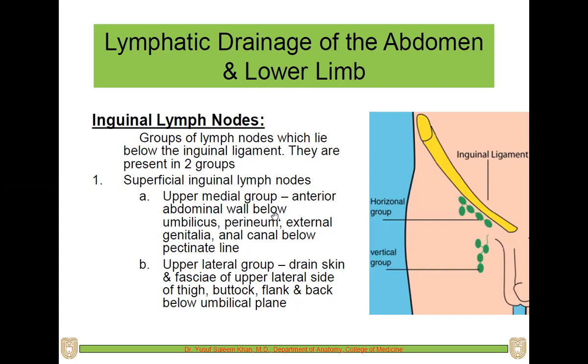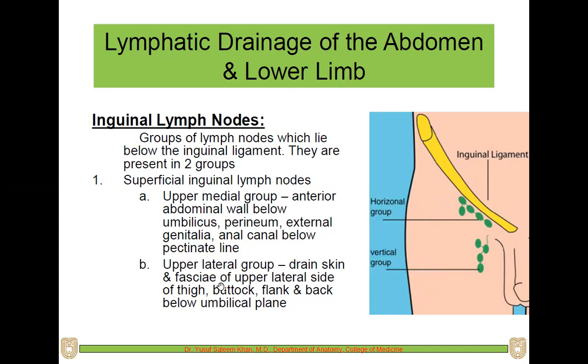So all these regions, that is the anterior abdominal wall, whatever region is below the umbilicus in the abdomen, that will be draining into the upper medial group, as well as the perineum, external genitalia, anal canal below the pectineal line. So what about the lateral group? The lateral group will drain the skin and the fascia of the upper lateral side of the thigh. So this whole thing, which is on the lateral side of the thigh, will be drained by the upper lateral group.